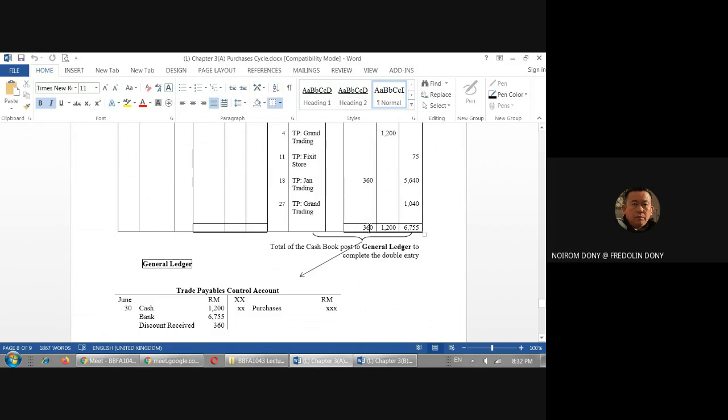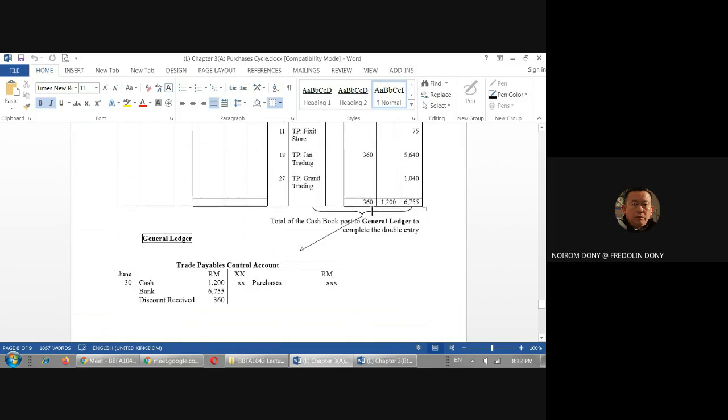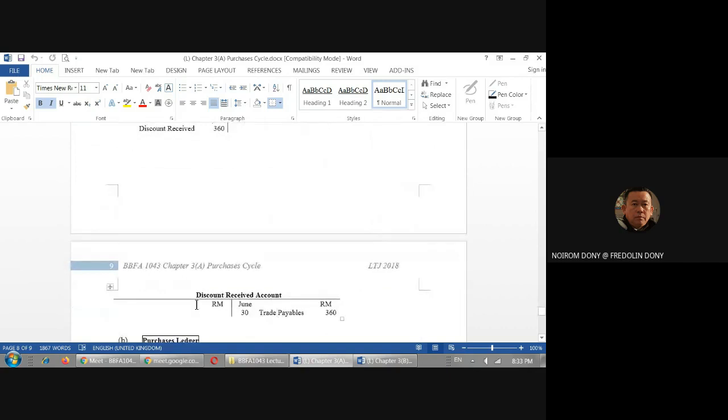And 360. This one is not regarded as one of the ledger accounts, meaning we have to open up a discount receipt account in the general ledger. Credit the 360 in the discount receipt account because this is revenue, an income category, so a credit item.